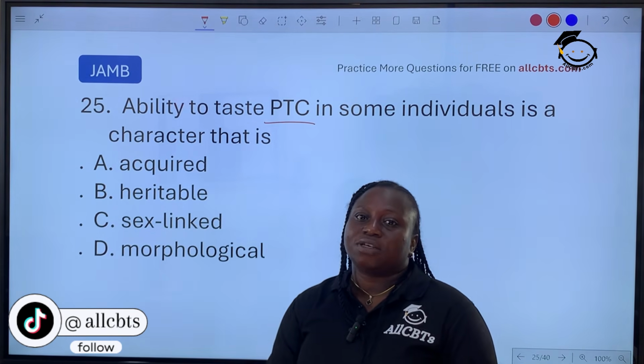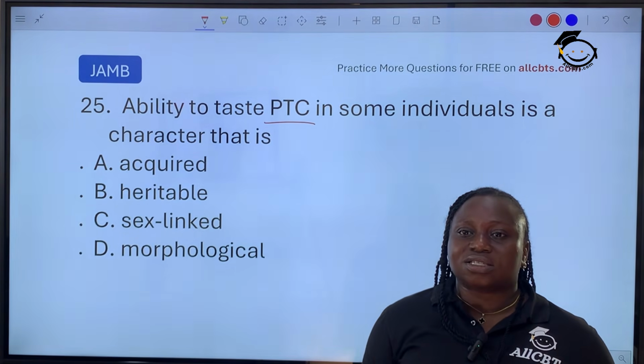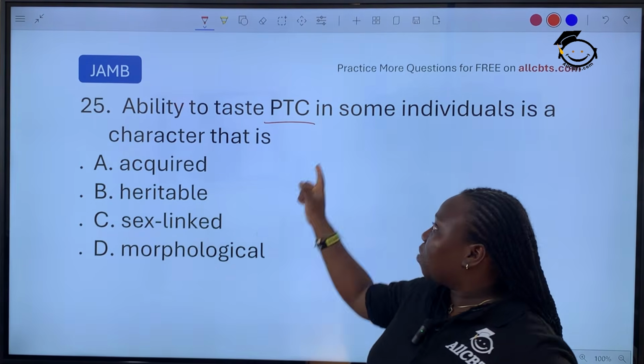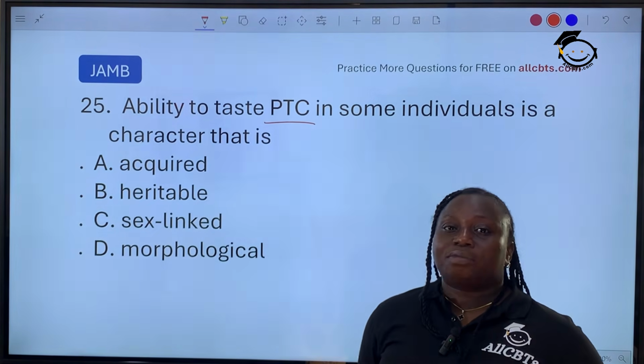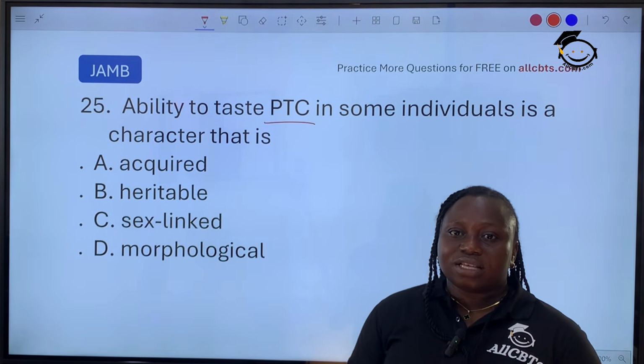People that can taste PTC taste it as a bitter taste. It's found in the laboratory. People that cannot taste this chemical are categorized as non-tasters. So we have the tasters and the non-tasters.